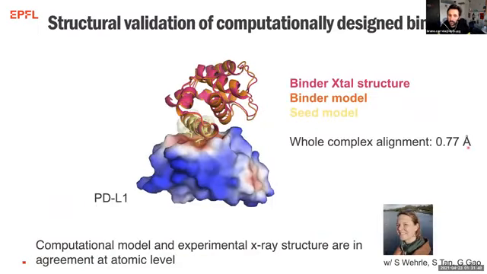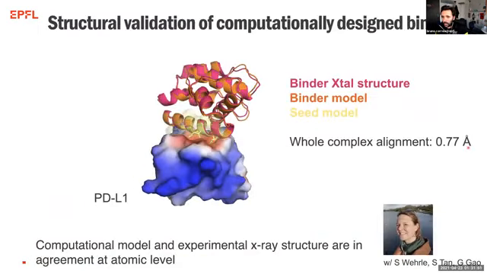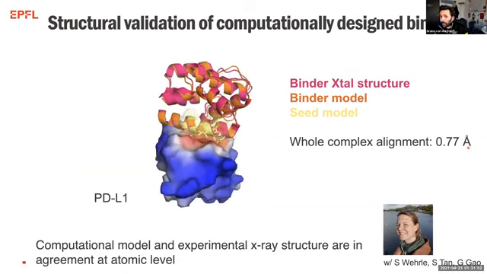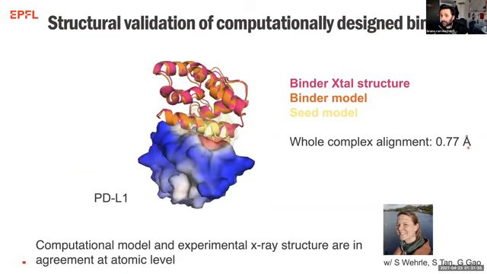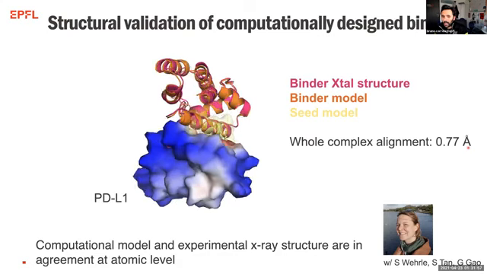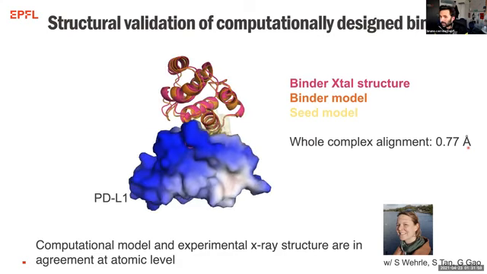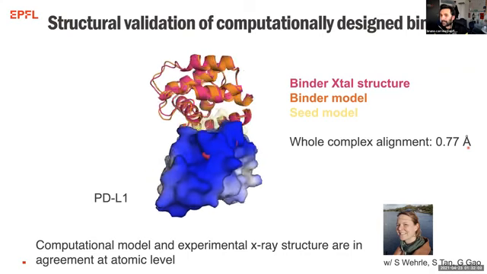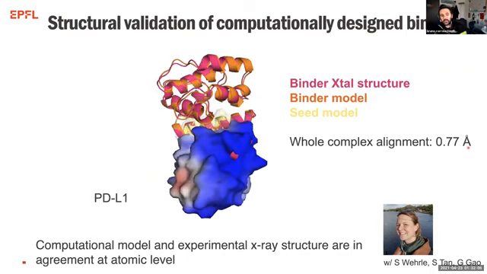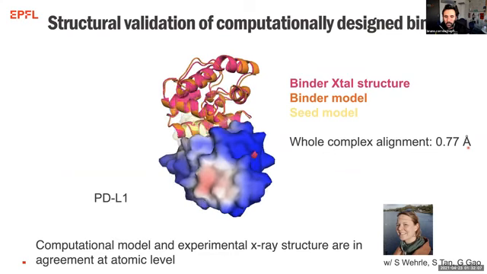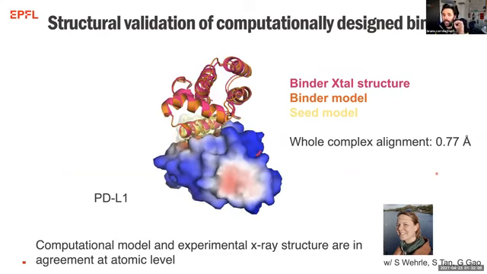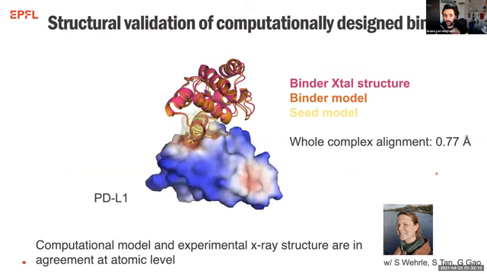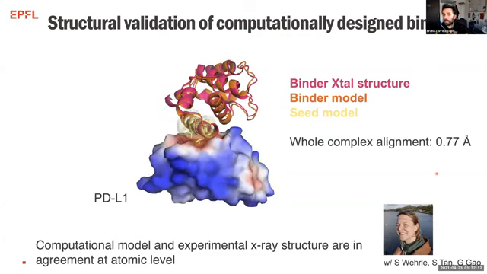And the key result is this, okay? Typically, if you are a computational protein designer, in order to convince people that your prediction is correct, you have to solve an experimental structure. What I'm showing you here is what we predicted using MaSIF and an overlap of the experimental structure that was solved in the lab.